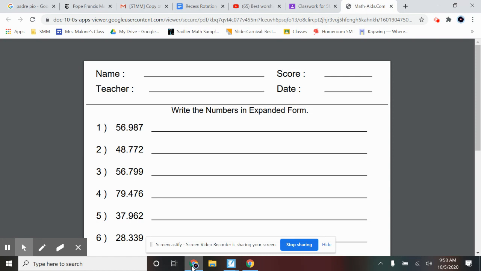Plus 0.007. Perfect. So for number 1, that was the answer I was searching for. You could have done it either way, okay? I don't care how you do it. The only time it matters is when the directions say, write it as a decimal. If the directions are asking it to be done using decimals, then you have to do it with decimals, okay?